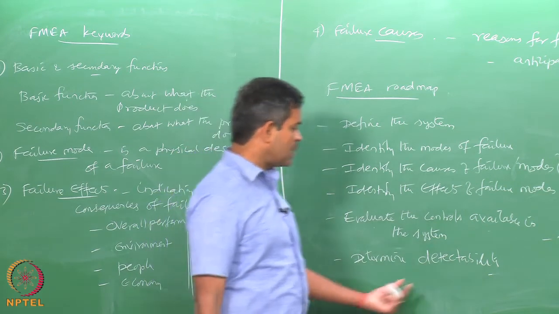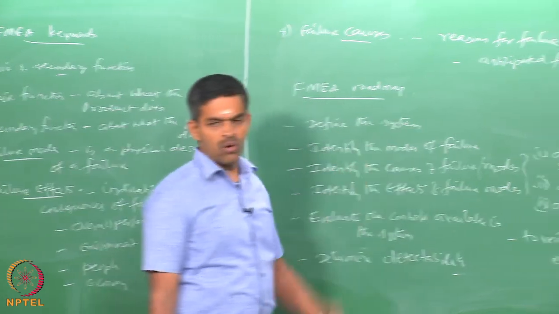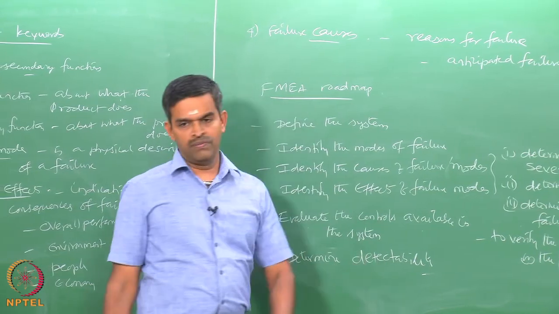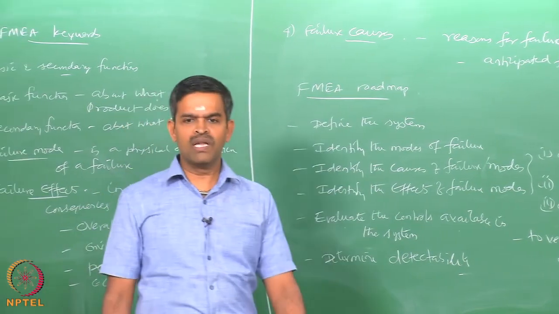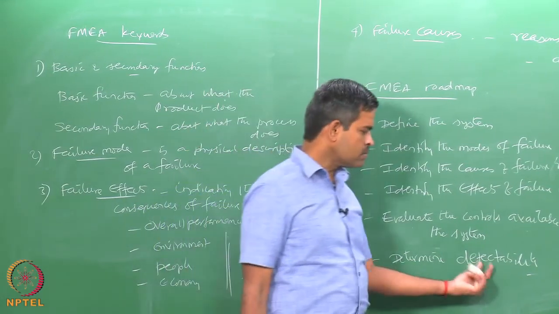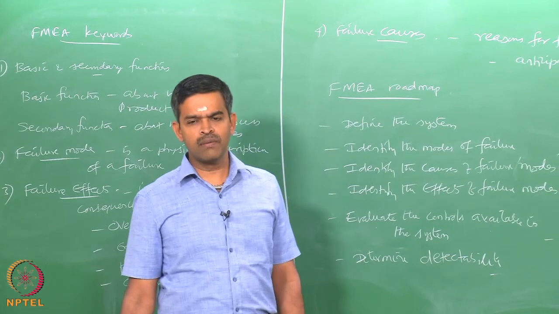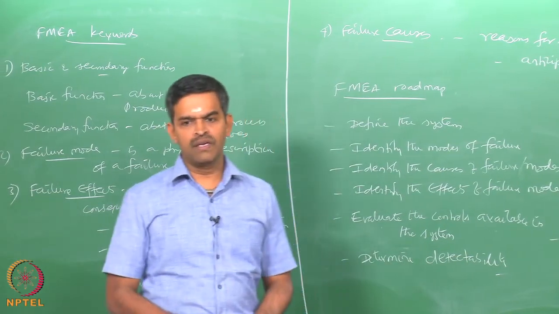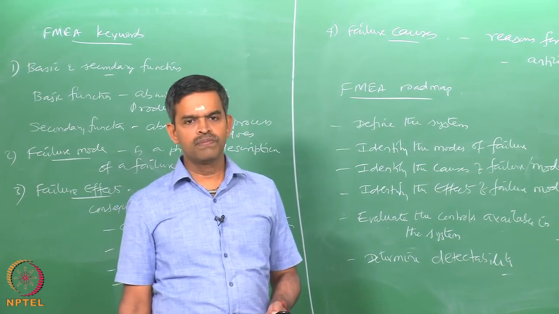So, we would also like to know those failure modes identified by the designer, are they detectable? Is there any mechanism, any provision available in the design which explicitly shows that the failure mode is detectable, or one of the components has failed which can be seen very clearly in a detectable mode.